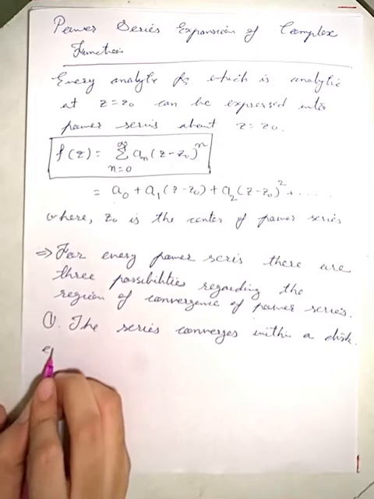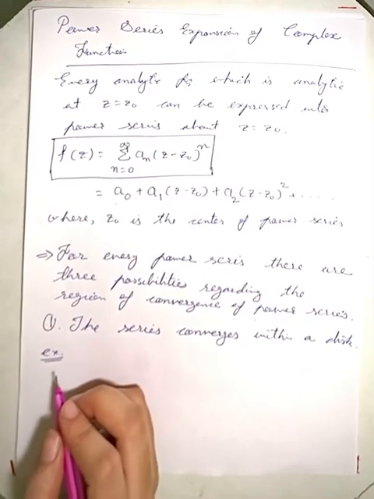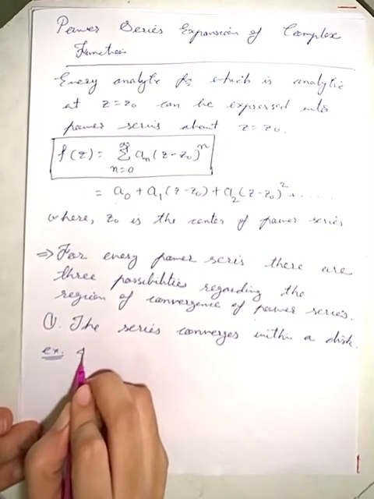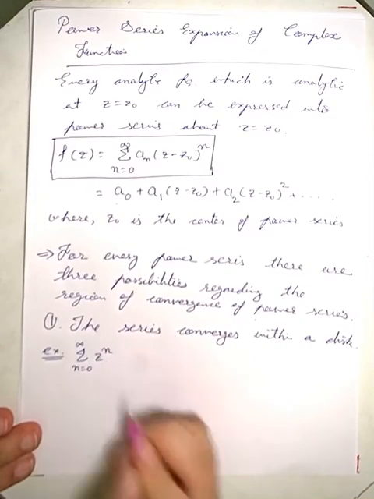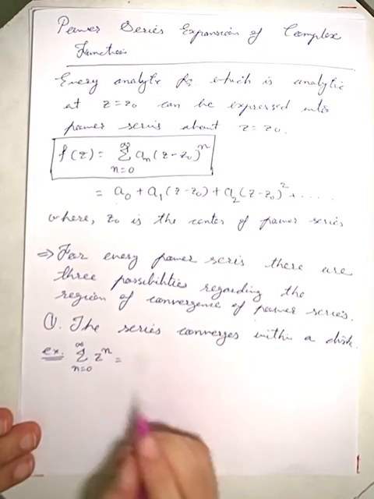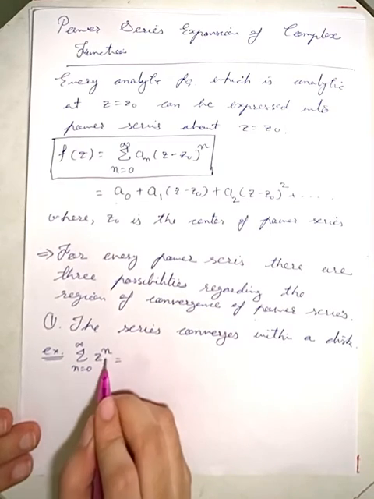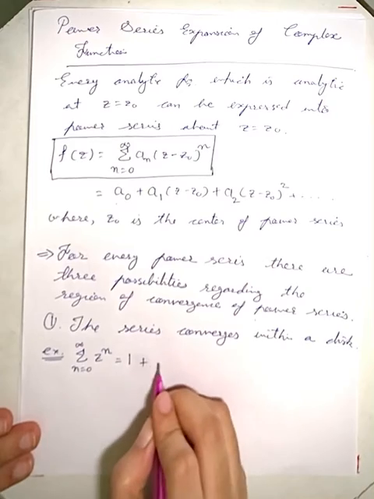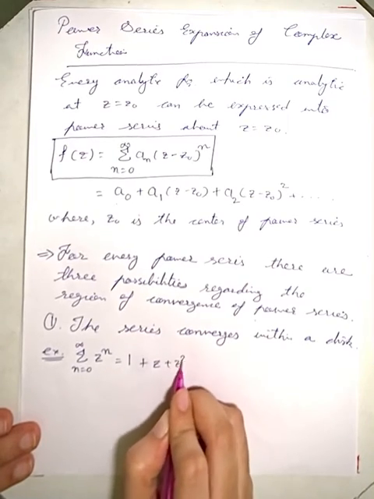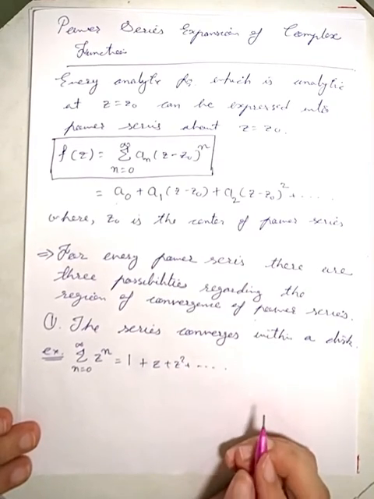So the example of that is, let's say that we have a function like z to the n. If we expand it, then z to the 0 is nothing but 1, then z, plus z square, and so on.